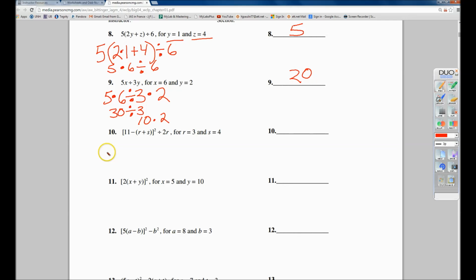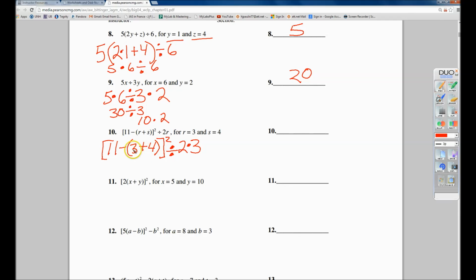All right, and this next one here. Now notice we have brackets, so 11 minus r is 3 plus s is 4, and we're going to square that, then divide that by 2, and then times it by r, which is 3.